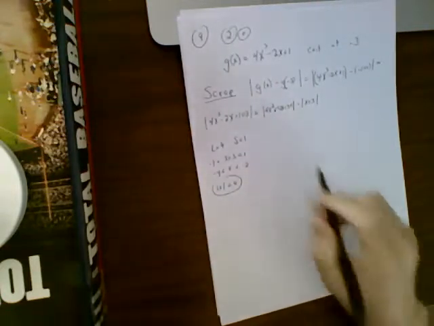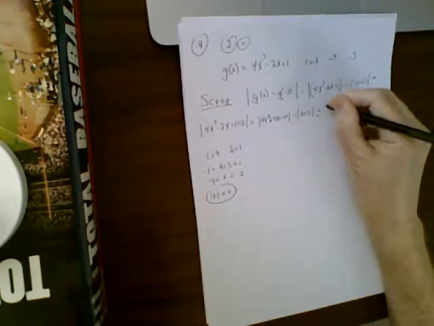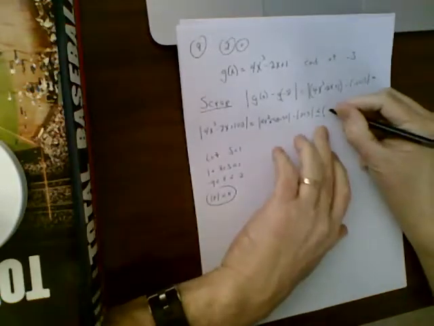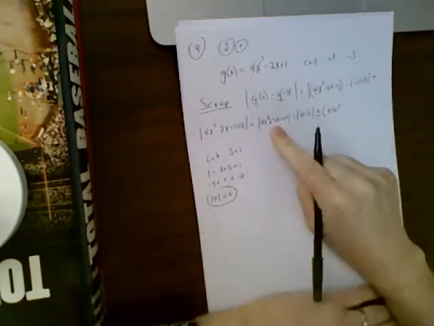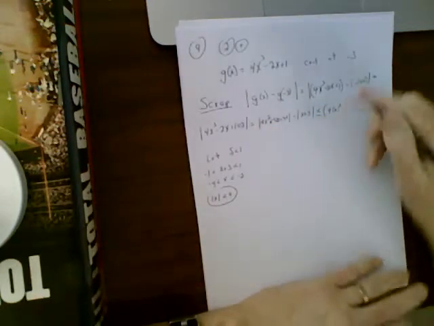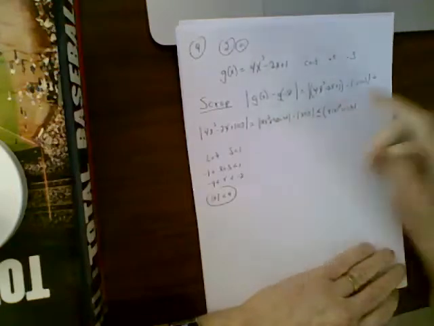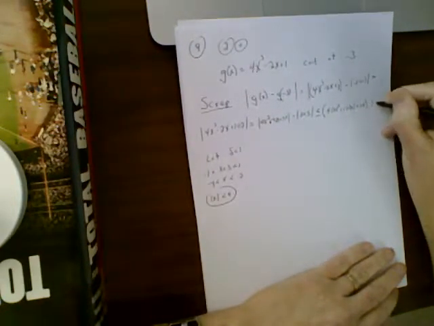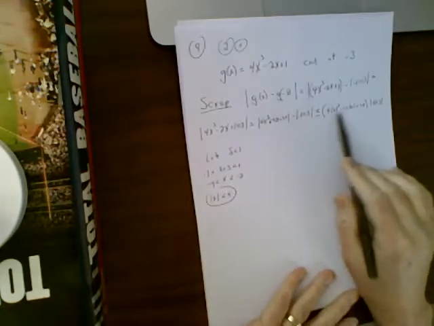So here's the key. The triangle inequality says that this piece is less than or equal to 4 times the absolute value of x squared, plus 12 times the absolute value of x, plus 34, times the absolute value of x plus 3. Now the absolute value of x is less than or equal to 4.